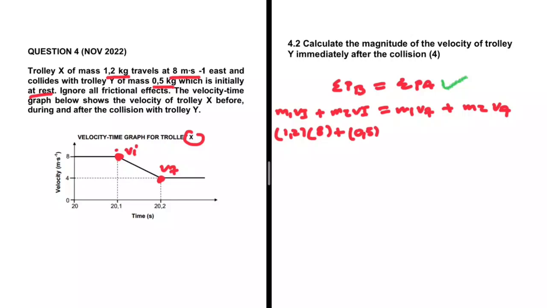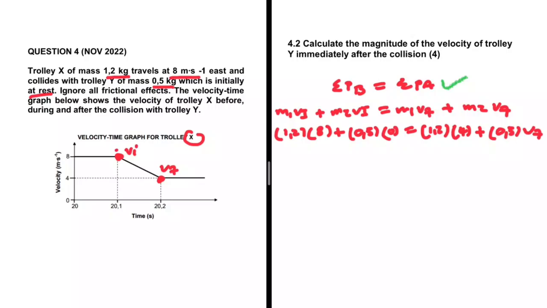Before the collision, it's at rest, so the velocity is 0. This is equal to M1, 1.2, and after the collision, the velocity of trolley X is 4 meters per second. So we have 4 right here. And then plus M2, the mass is 0.5, and we want to find VF.